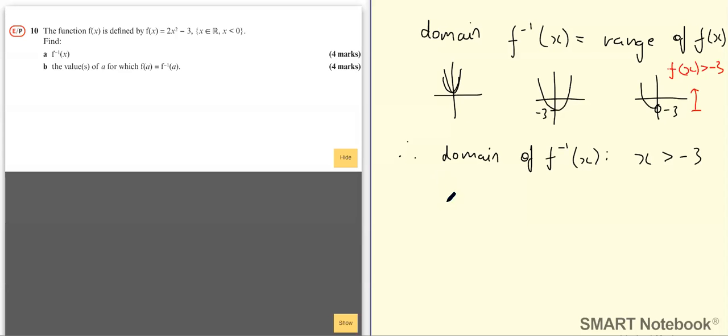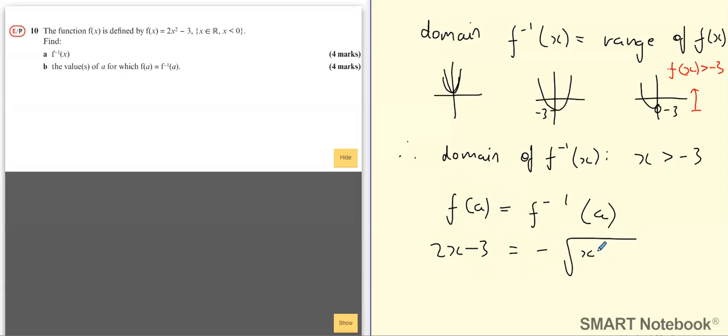It's saying values of a for which f of a equals the inverse of f of a. Well, we know what this is. This is 2x squared minus 3. We worked out the inverse earlier. So negative square root of (x plus 3) over 2.